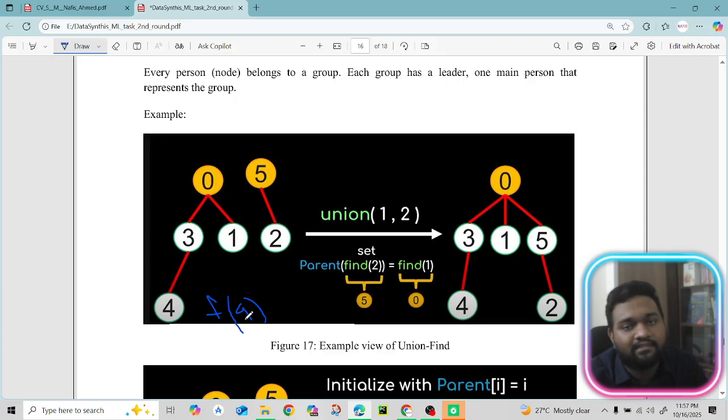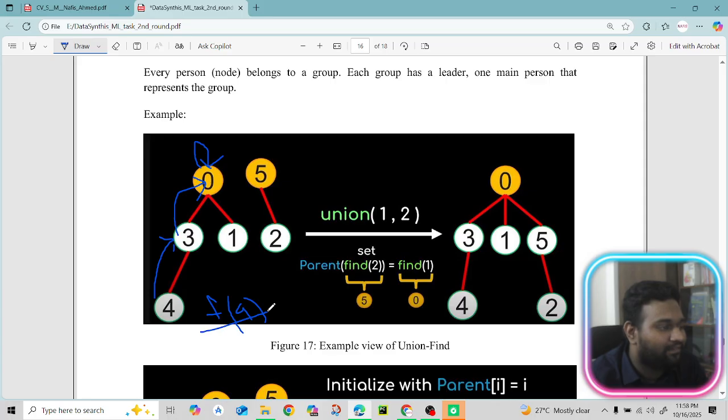Find 4 tells us who is the representative of 4. So 4 asks 3, who is my representative? 3 asks 0, who is my representative? 0 asks itself, who is my representative? And 0 answers, yay, I am the representative of myself. So this is how find works.